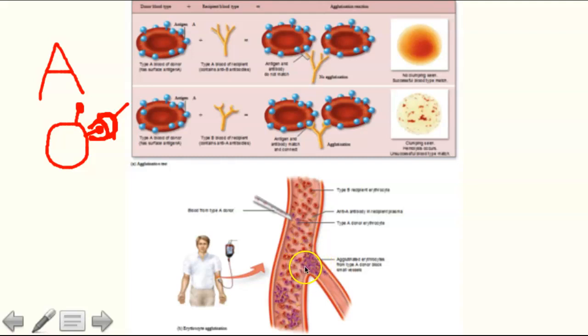And that can cause really serious complications and often death because you get this clumping up of the blood. It would be really unpleasant. So this is why it's so important to get the right blood type in blood transfusions. And they didn't really used to understand that very well.